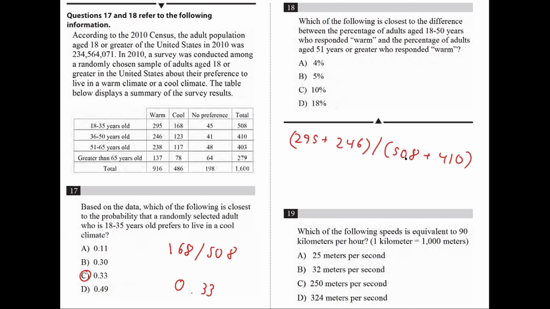So that gets us the first percentage, and then the second percentage would just be 238 plus 137 over 403 plus 279. So we can calculate those.